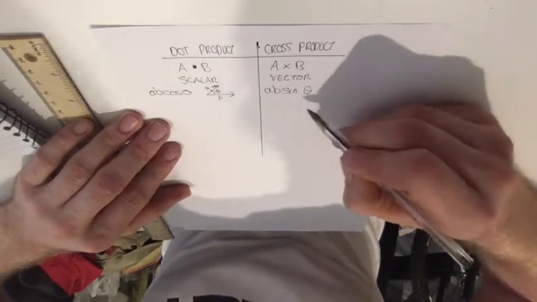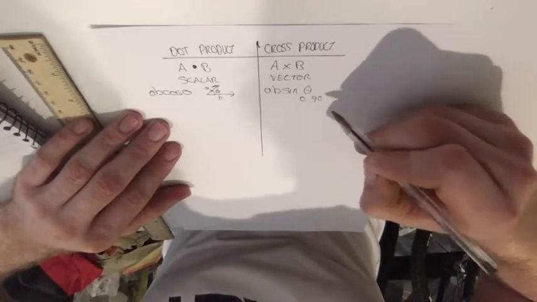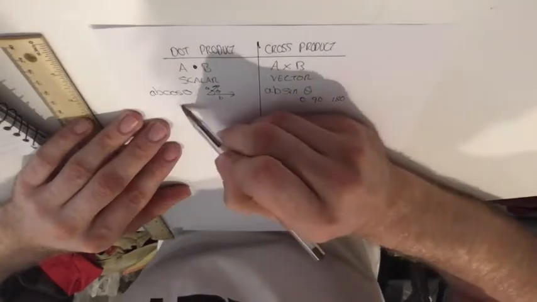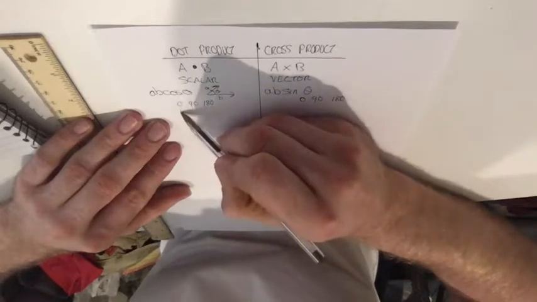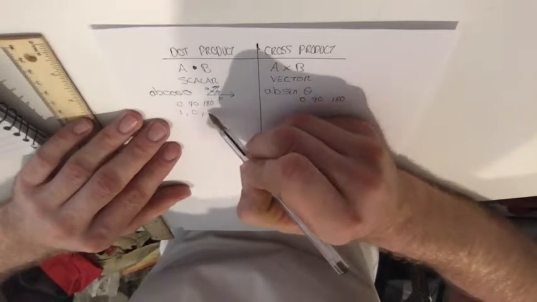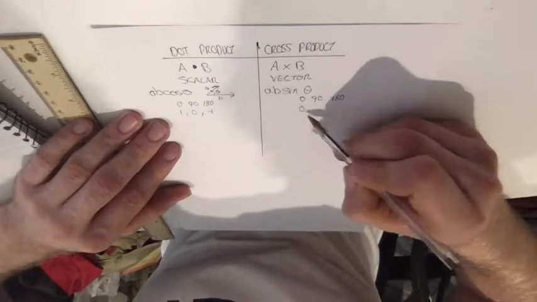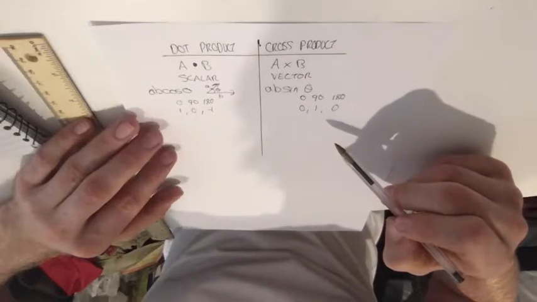Obviously sine works slightly differently, where it goes 0, 90, 180 degrees, and cosine the same way, 0, 90, 180, whereas cosine will start at 1, 0, and then minus 1, whereas a sine will do slightly different, so it goes 0, 1, and 0. So you're going to get slightly different outcomes.